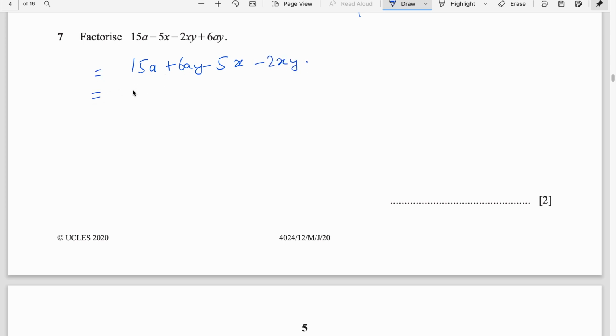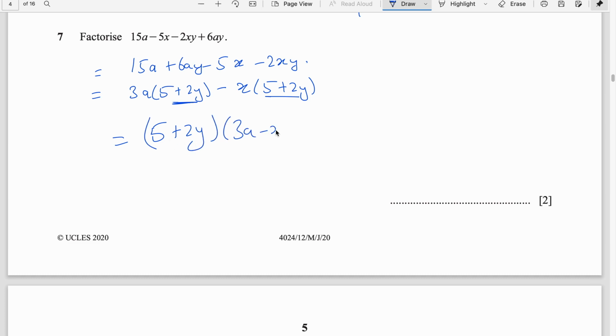So taking out common 3a, you're left with 5 plus 2y, minus, you take out common x and you're left with 5 plus 2y again. So you have these two brackets the same, take them out as common again, and your final answer is 3a minus x times 5 plus 2y.